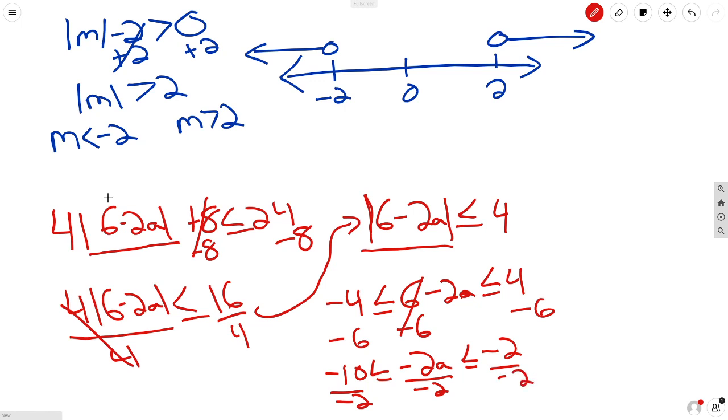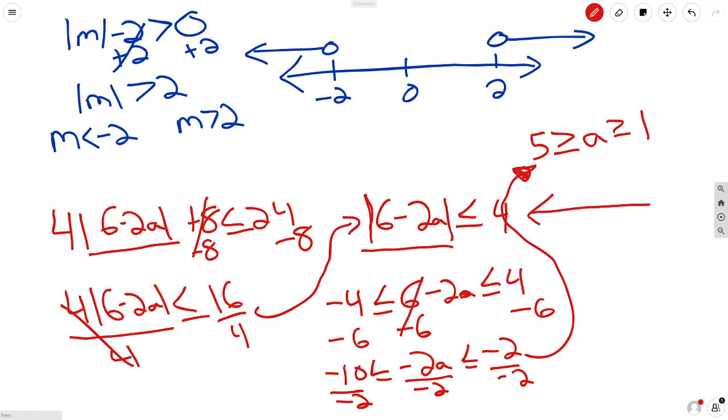And remember, since I'm dividing by a negative number, I'm switching the signs now. So now I have 5 is greater than or equal to a is greater than or equal to 1. So now I have 0, 1, 2, 3, 4, 5. So now I have 1 and 5, and a is in between.